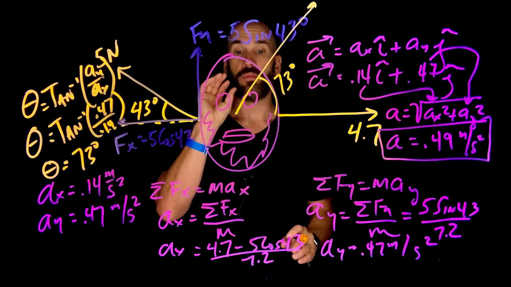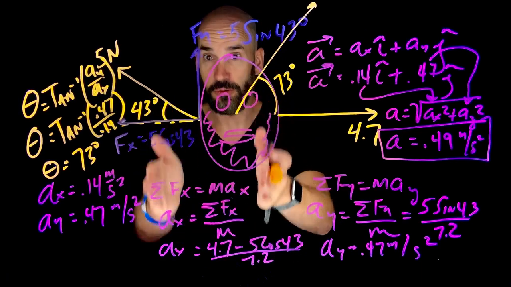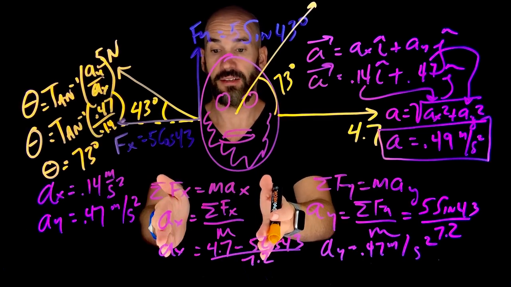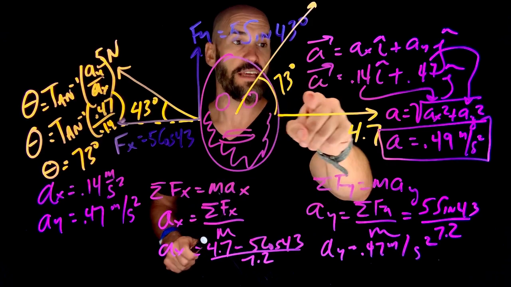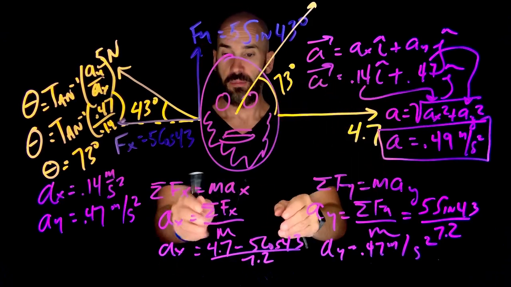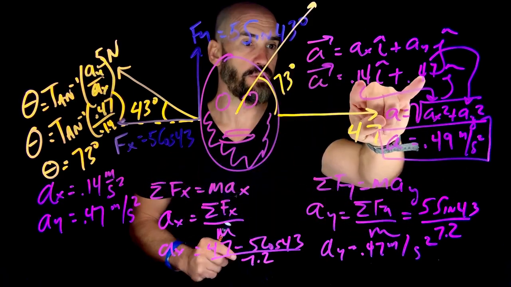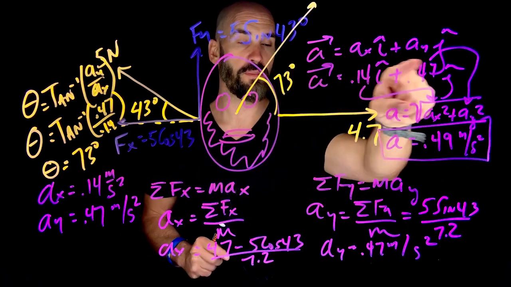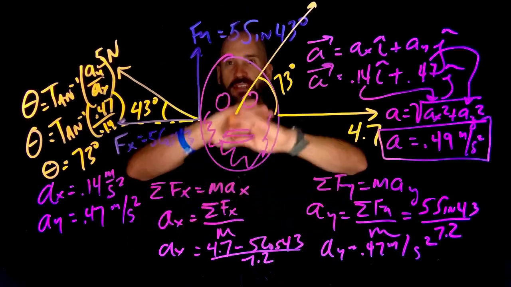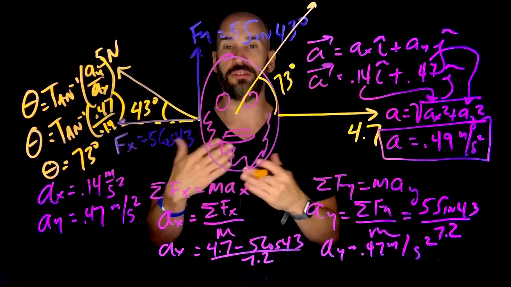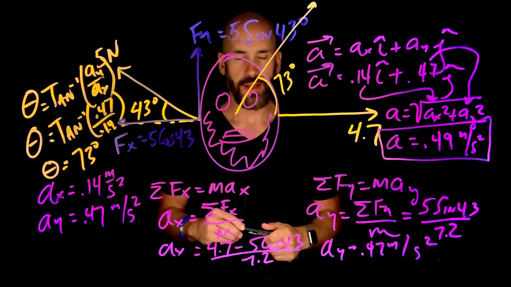You can get the components of the acceleration by doing Newton's second law in the x dimension and in the y dimension. You can find the acceleration vector by taking the a_x and a_y components, find the magnitude by doing your Pythagorean theorem, and find the direction by doing your inverse tan. So everything you can do with the force vector, you can also do with the acceleration vector. That's what I wanted to prove with this slide, and I hope I've proved it.